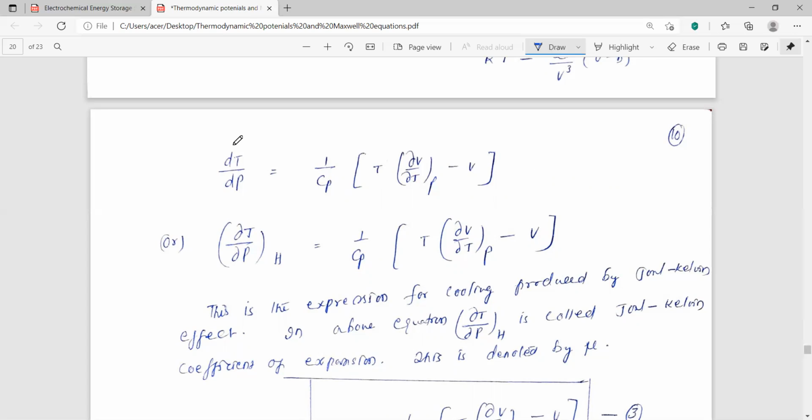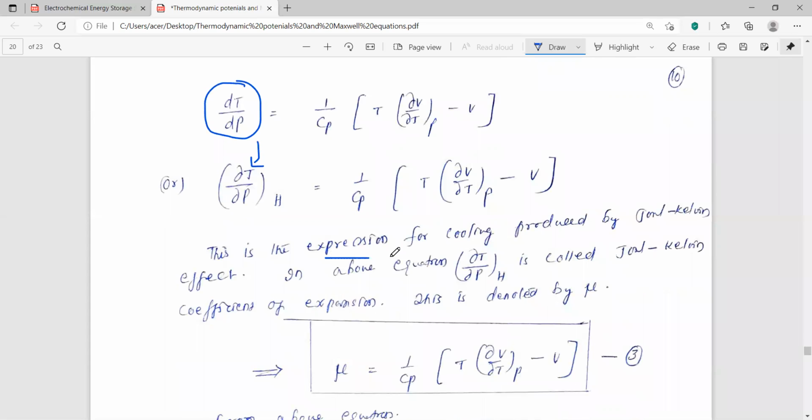That is why I can write this equation as dou T by dou P at H. So if I take any value as a constant, this differentiation becomes partial differentiation. So dT by dP can be written as dou T by dou P at H equal to 1 by Cp into T dou V by dou T at P minus V.